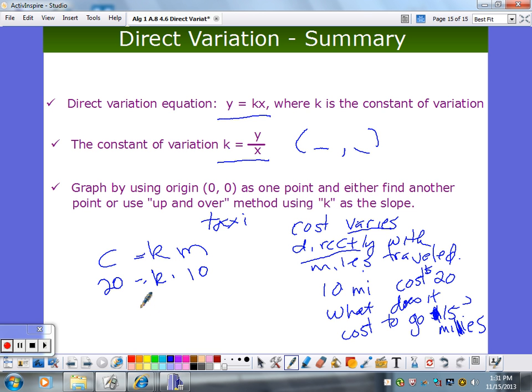So what's K? Let's rewrite this equation. C equals 10 times K. So what's it going to cost to go 15 miles? That's pretty good. Those are the basic steps for doing a word problem with this. Okay. Questions?